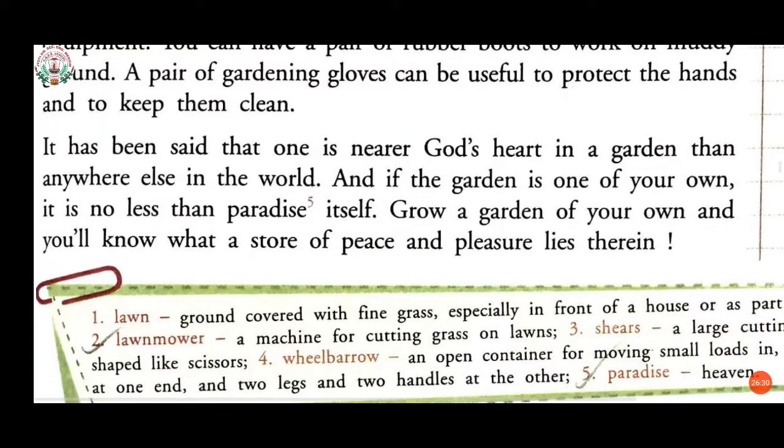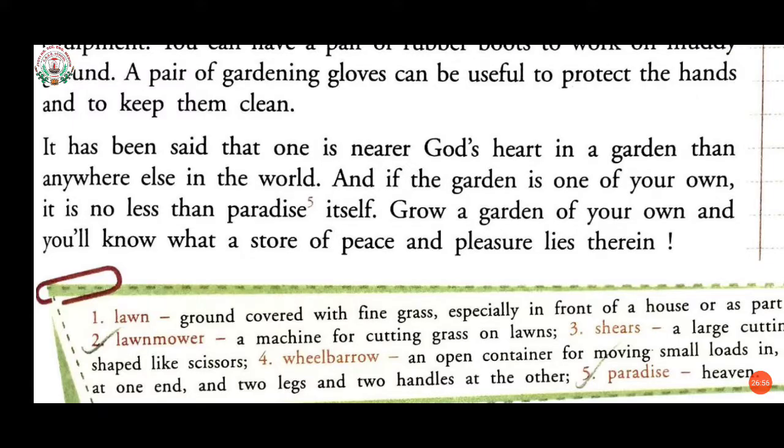Now the last paragraph says that one is nearer God's heart in a garden than anywhere else in the world. And if the garden is one of your own, it is no less than paradise. Paradise means heaven itself. Grow a garden of your own and you will know what a store of peace and pleasure lies therein.